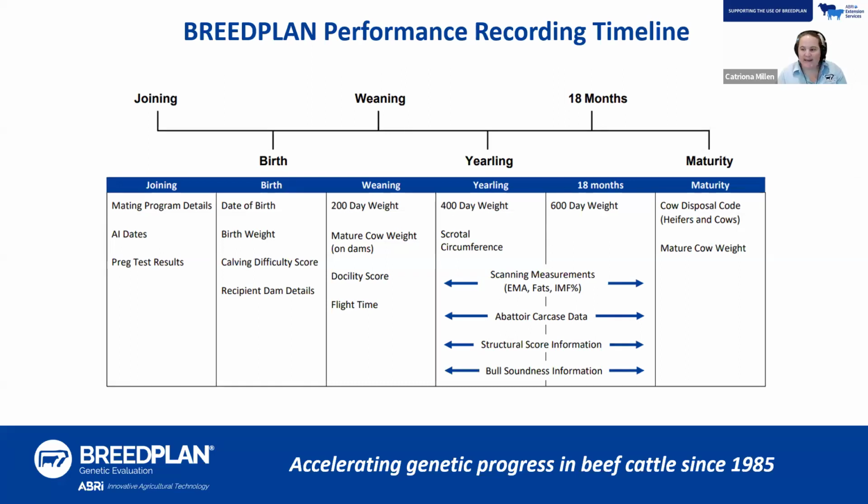And so what you can see is that we've got joining, we've got mate program details, AI dates, and preg test results. At birth, that's when we collect our date of birth, birth weight, calving difficulty score, and recip dam details. At weaning, or around weaning, we can do our 200-day weight, mature cow weight on the cows, and then our temperament score, whether or not that's docility or flight time.